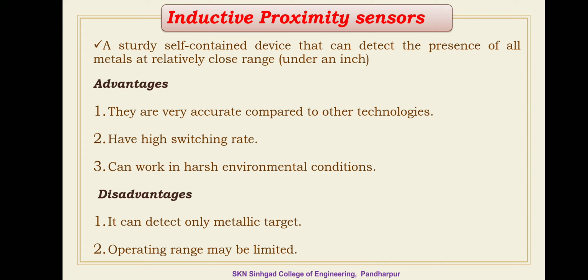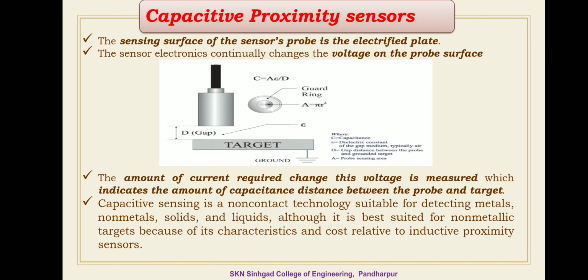The next type of proximity sensor is the capacitive proximity sensor. The figure shows the capacitive proximity sensor. A capacitive proximity sensor is a device actuated by both conductive and non-conductive material. The pair of plates of a capacitor is separated by some distance d.